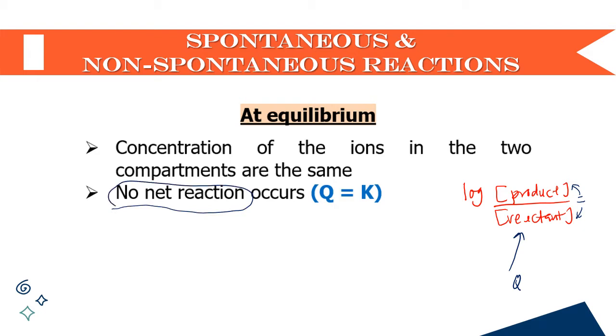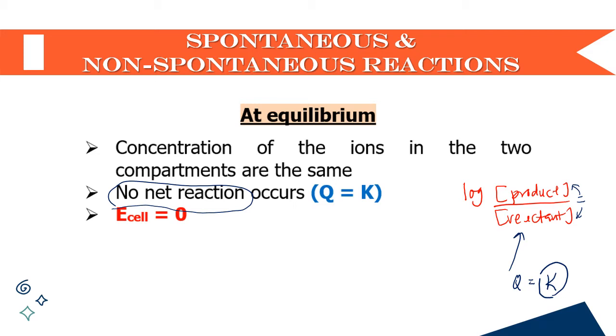So at this moment, the reaction is at equilibrium. So the value of Q, we can put it as K. Still remember your K? K is your equilibrium constant. Okay, so E cell, the cell potential, is equal to 0. And this is a very important piece of information to be used later when doing the calculation.